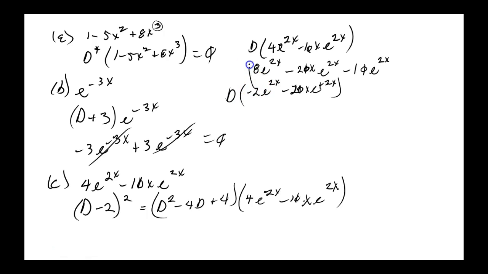Okay, so this is what that is. Another derivative of this would be a minus 4e to the 2x minus 40x e to the 2x minus 20e to the 2x.